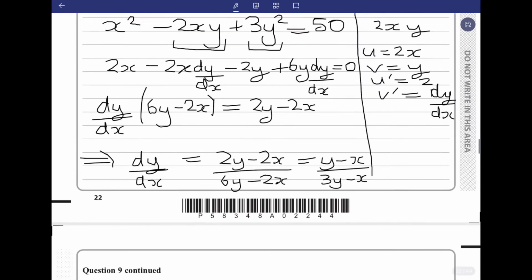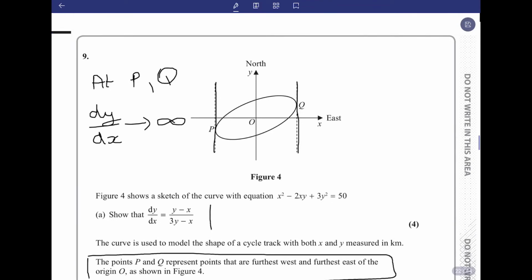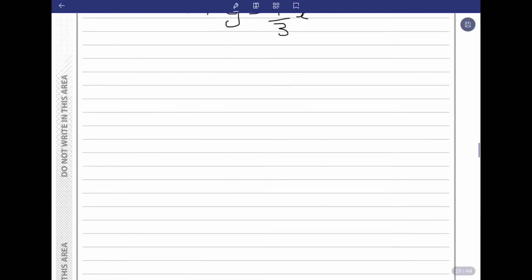Now in order to find the coordinates of the point P, we need to solve the equation of this line. So what we've actually worked out there is an equation of some line, y equals a third x, something like that. And in order to find the coordinates of the point P, we need to solve simultaneously the equation of this line, let's call it L, and our curve. So let's write that down.